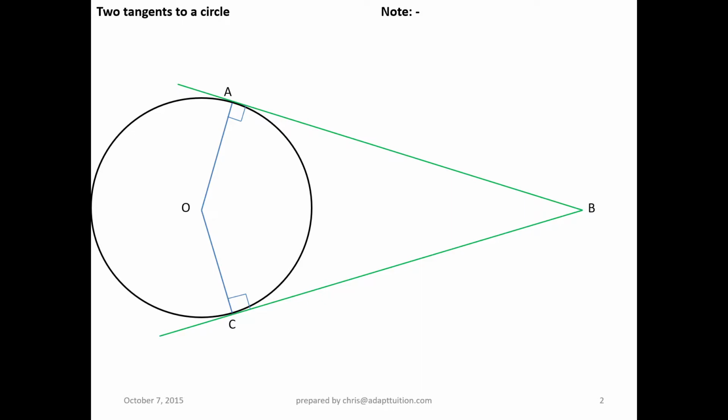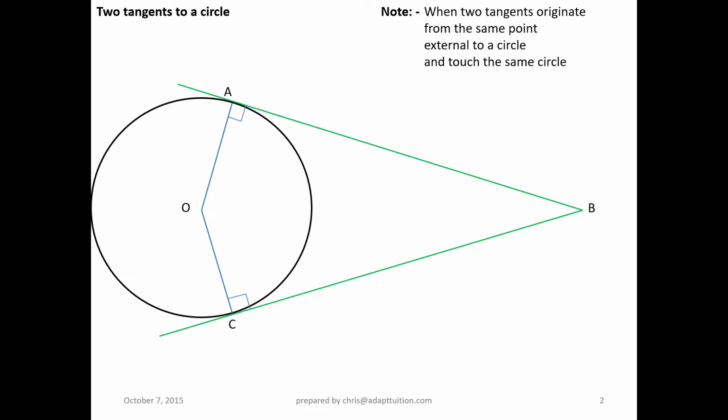So note, when two tangents originate from the same point external to a circle and touch the same circle, the distance from the point of origin to the points of tangency are equal. This is the point of origin of the tangents. This is one point of tangency, point A. This is the other, point C down here.